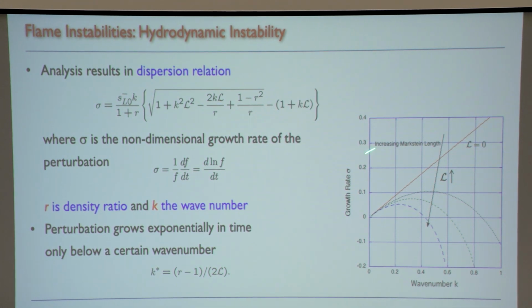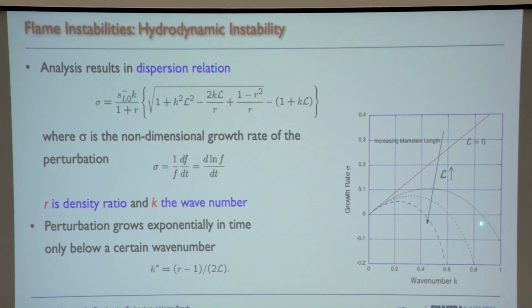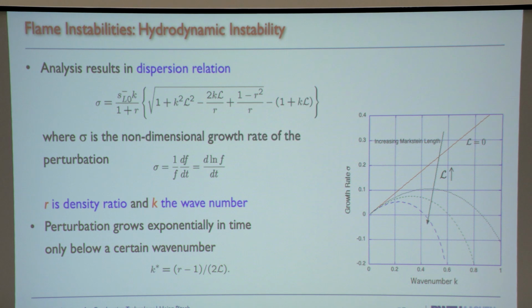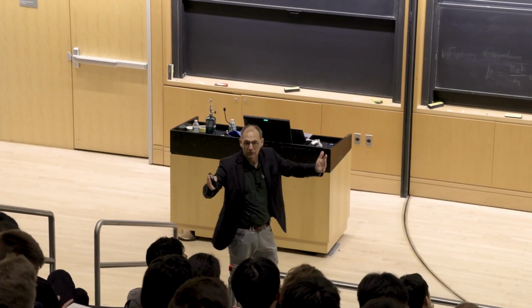So for any non-zero, positive Markstein number, I always get somewhere a wave number above which this is stable, okay? And so that means, yes, flames are always unstable, but only on a relatively large scale.